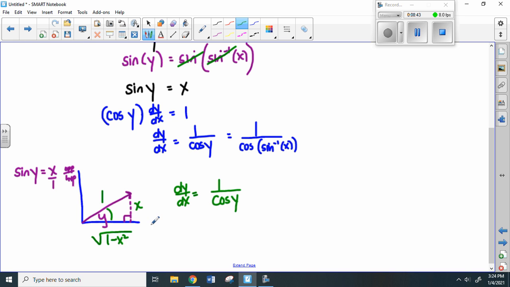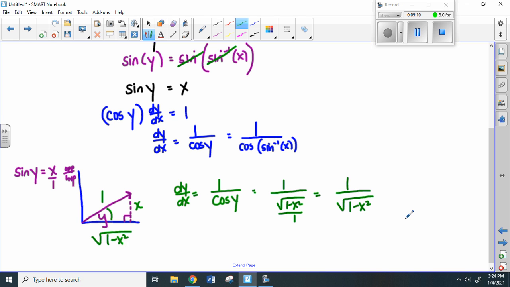So now using this picture, what is cosine of y? Remember, cosine is adjacent over hypotenuse. So the bottom of this fraction becomes the square root of 1 minus x squared over 1, which I don't need. You can write it, but it still simplifies to just the square root of 1 minus x squared.